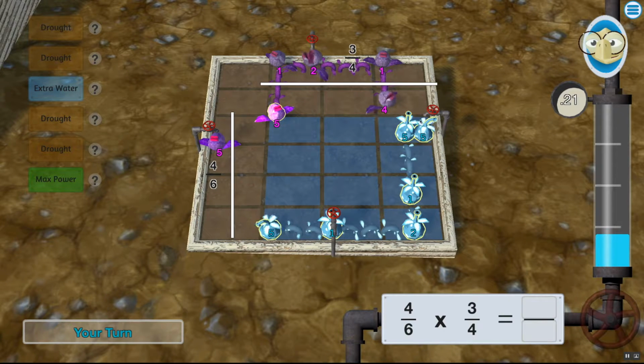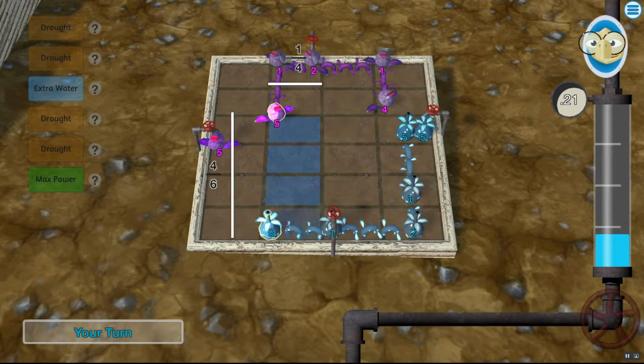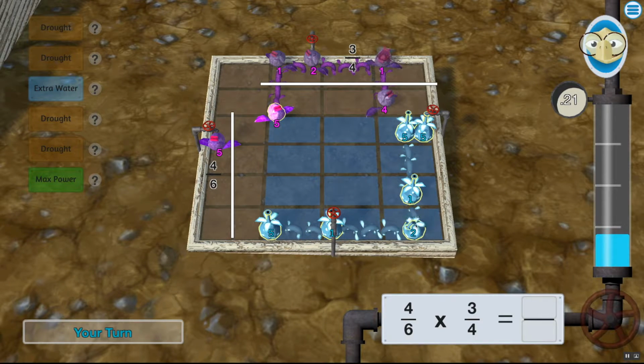Here, I chose a particular sub-area of my farm field that I wanted to irrigate. So first of all, exercising some visuospatial skills, some motor skills, and as I did that, I immediately saw the numerical representation of what I just chose, and here's the equation representing the sub-area of the field I just chose.